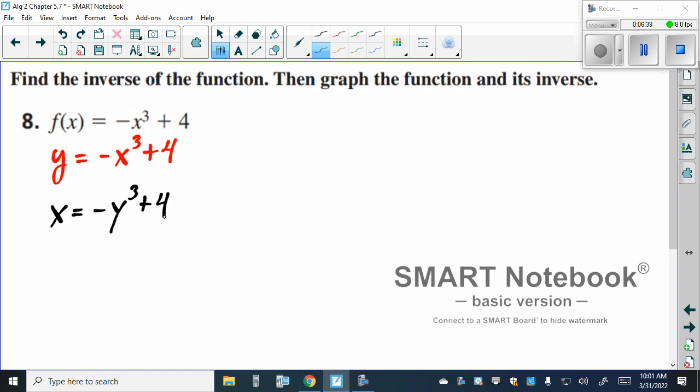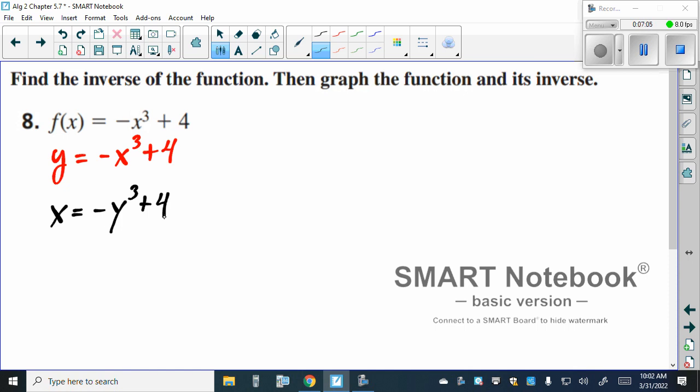Now, the step that I wrote in red where we replace f of x with y, if that is something that is necessary, that helps you solve these and keep these straight, write it. Go on and put it down. But if going straight to the one that I wrote in black makes sense, the fact that f of x is y, we know that, and we're switching it, I can do both of those in one step.